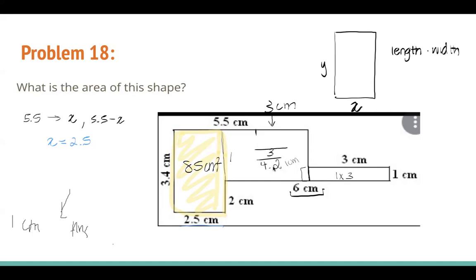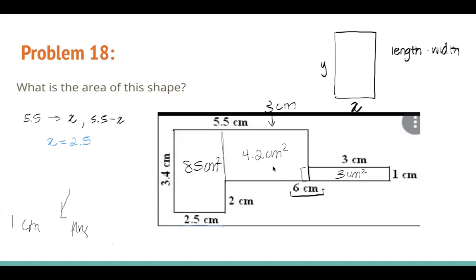Okay, so our area for the second one would be 4.2 centimeters squared. Let's write that down. Okay, how about the last one? 3 centimeters squared. Yeah, okay. So now we have all of our areas.